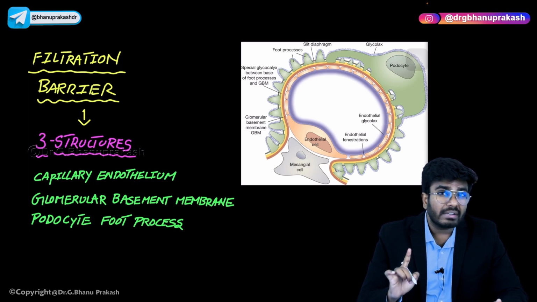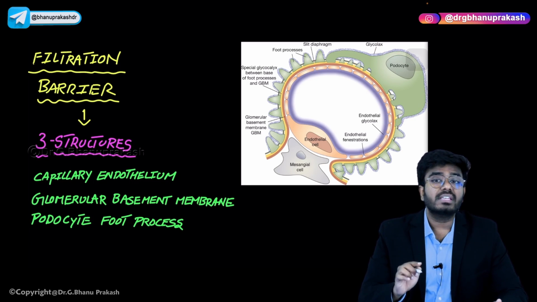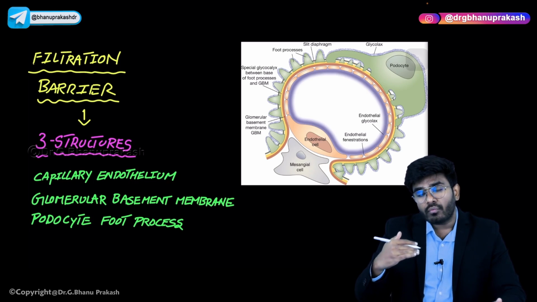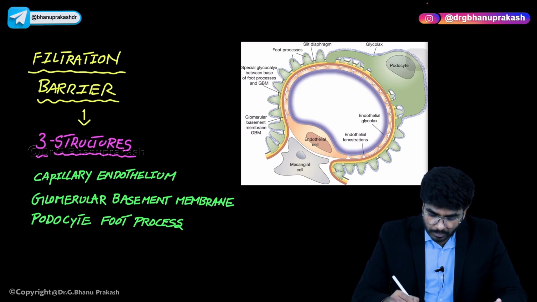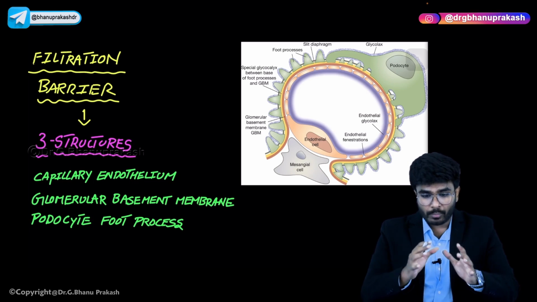A very important point: visceral epithelial cells are present towards the side of Bowman's capsule. This is the side of the capillary, and now you are going towards the side of Bowman's capsule. Blood from here has to filter across these three layers and come into the Bowman's capsule, that is, Bowman's cavity.